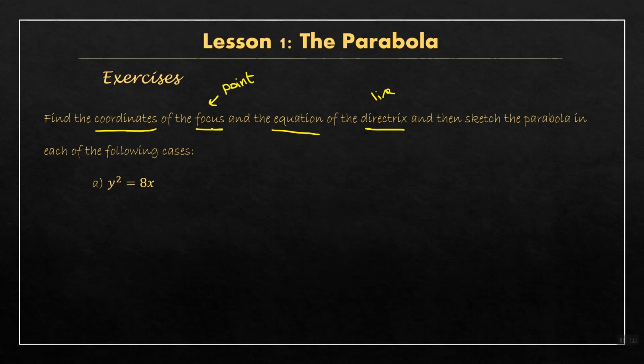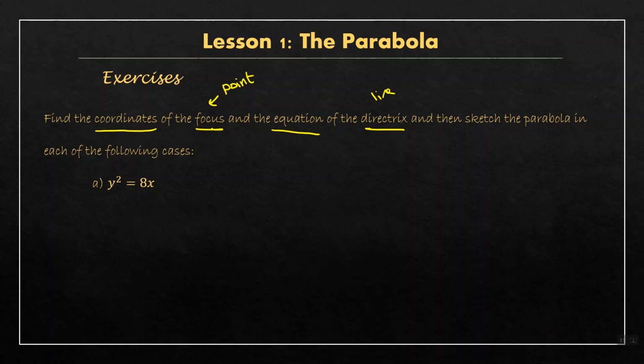Okay. So how do you solve a problem like this? They gave you the equation of the parabola. It's like they gave you the final answer of the previous question, and they want you to work backwards. They want you to find the focus and the directrix and also sketch it. So let's see. The first thing you should do is specify which standard position it is.